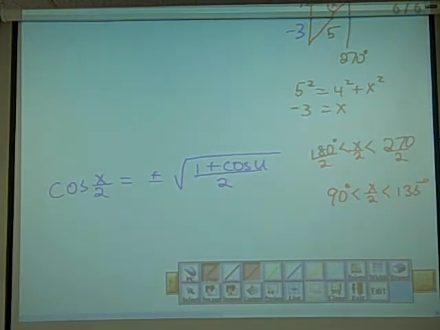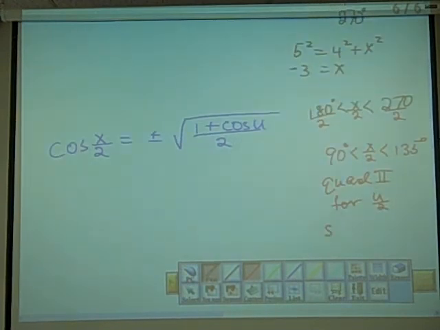So that puts us in quadrant 2 for x over 2. Okay? And for x over 2 in quadrant 2, we know that sine is positive.